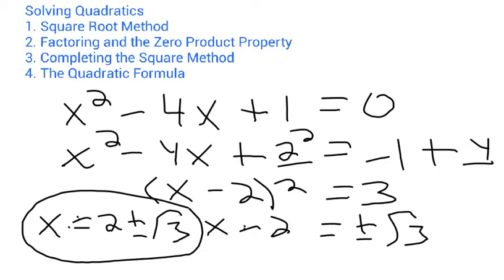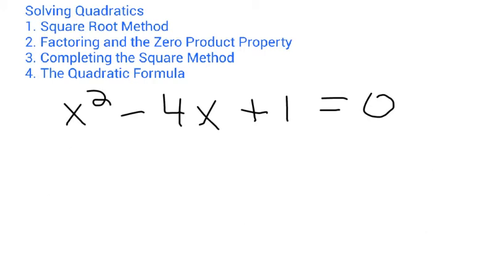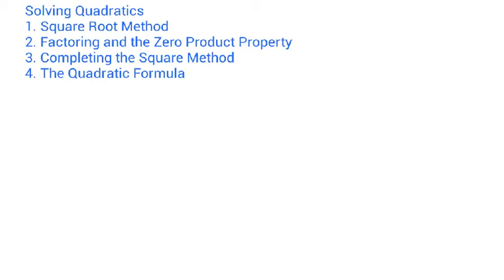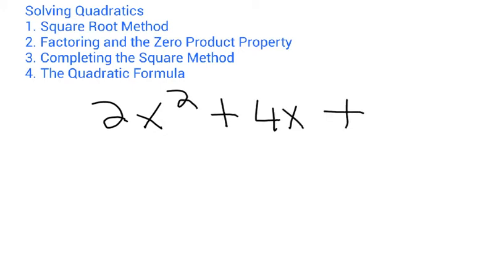Now the quadratic formula. I only use it if there's a lead term other than 1, like in this case 2x squared. It can't be factored. So you should have learned that if ax squared plus bx plus c equals 0, then I can use the quadratic formula.